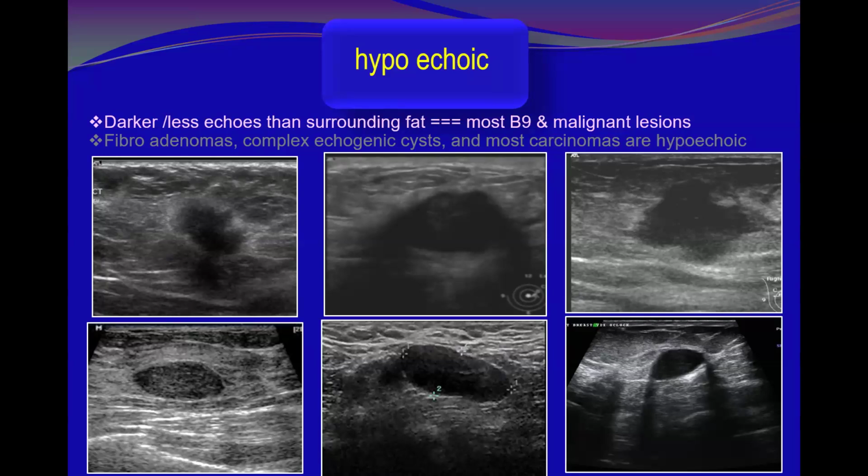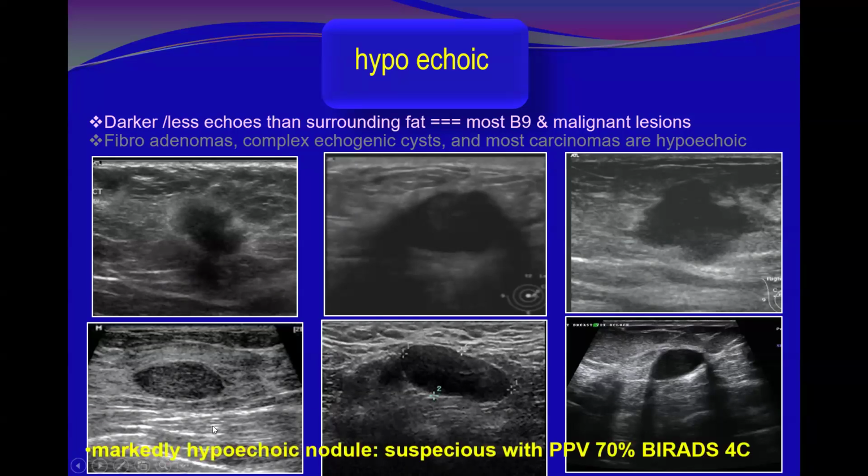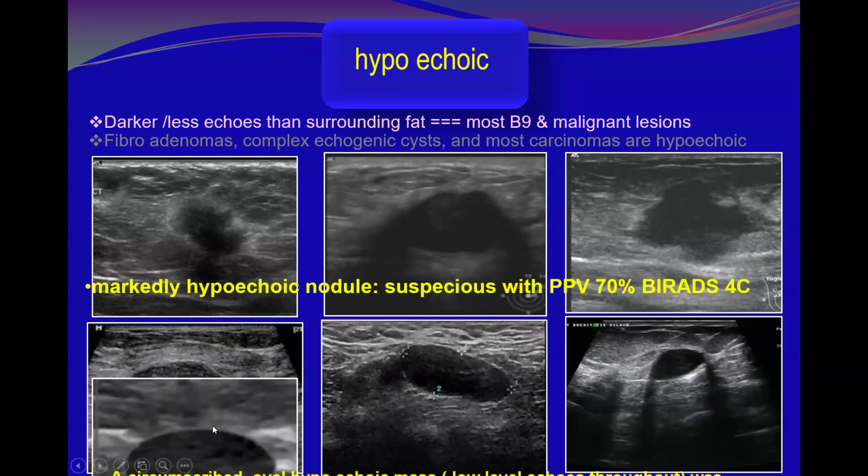Hypoechoic, as we mentioned, means darker than the fat. Most benign and malignant lesions are within this range: fibroadenoma, complex echogenic cyst, and most of the cancers are hypoechoic. So these are my patients, 3 cancers, and these 3 hypoechoic fibroadenomas.